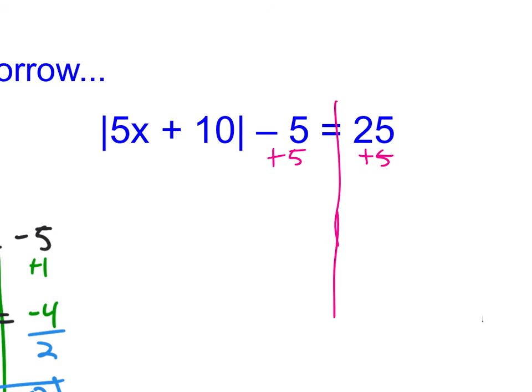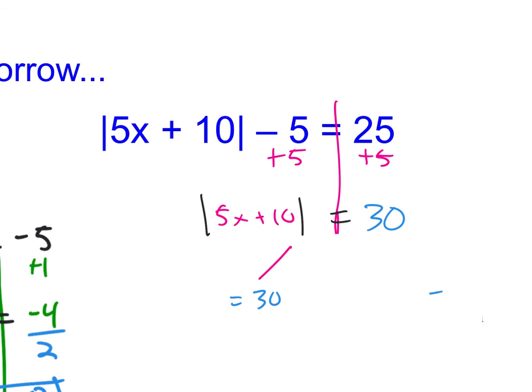When I do that, I'll be left with the absolute value of 5x plus 10, close that absolute value, should be equal to 30. Now I can look inside the absolute value and set it up here. So let's look inside and say, well, it has to be equal to a positive 30, and it has to be equal to a negative 30.